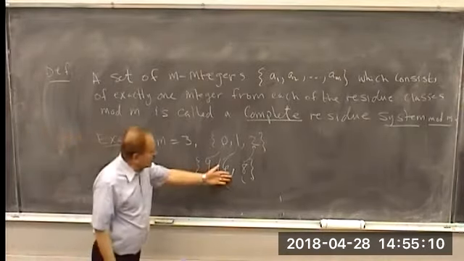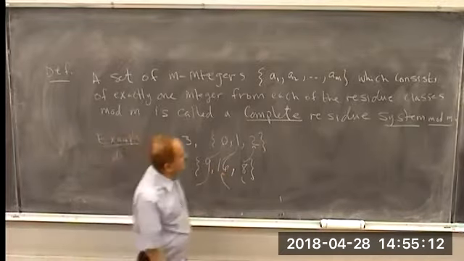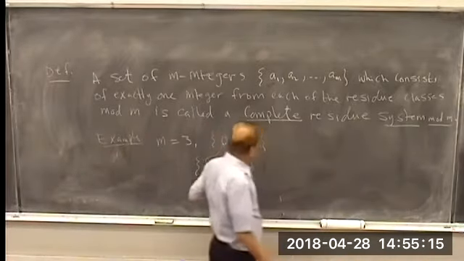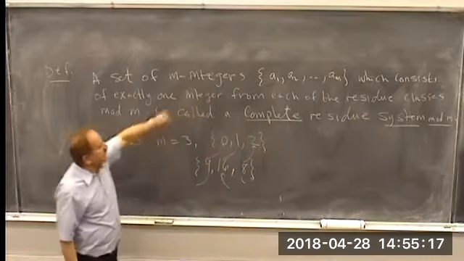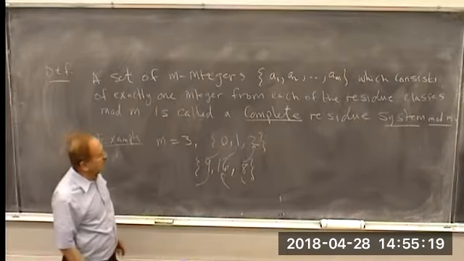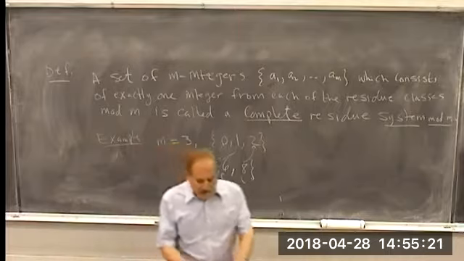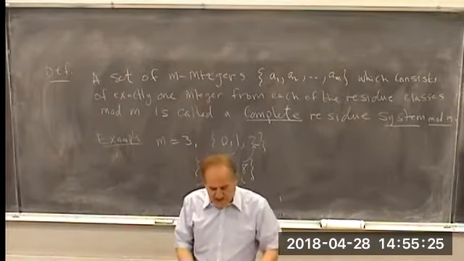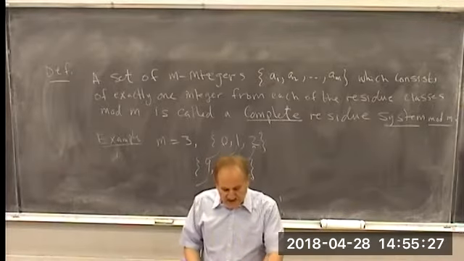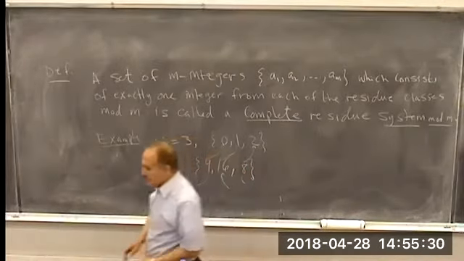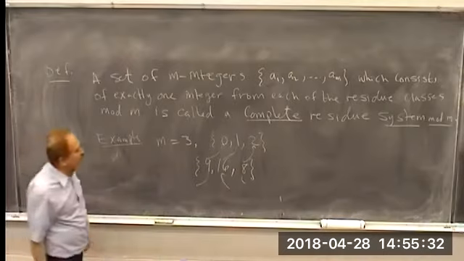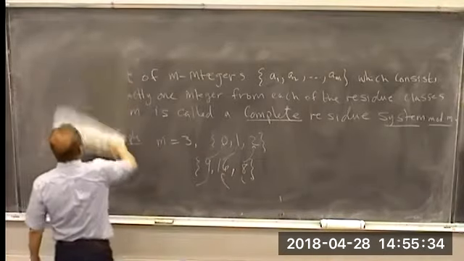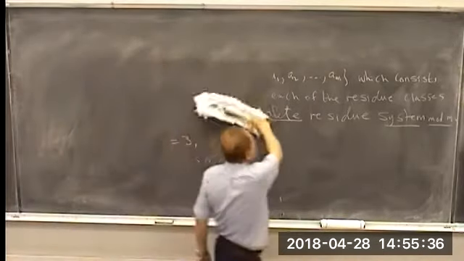There are infinitely many of these complete residue systems, as far as the lists of integers that satisfy the properties of this definition. Let me state a couple of facts concerning these complete residue systems. I don't want to go through proofs of these, they are not proved in the book, so I'll just state them as facts.